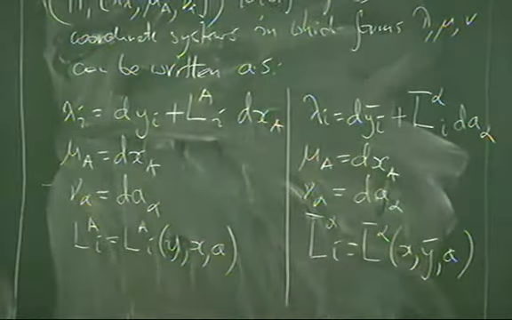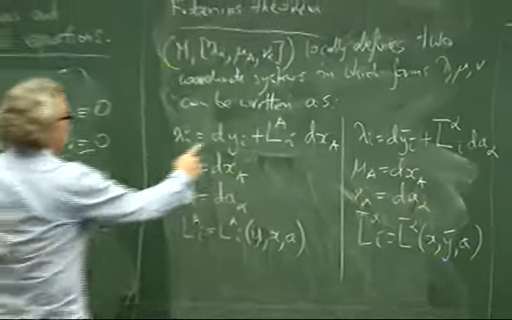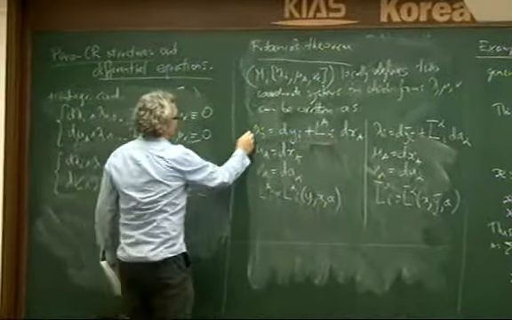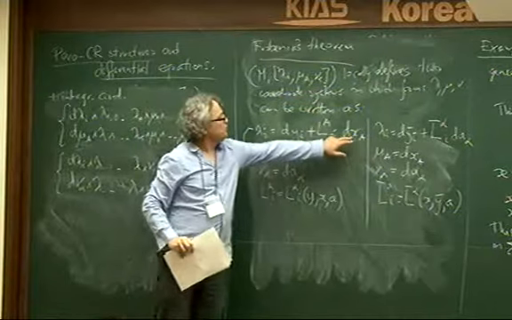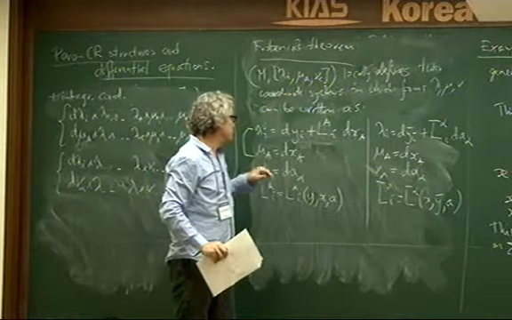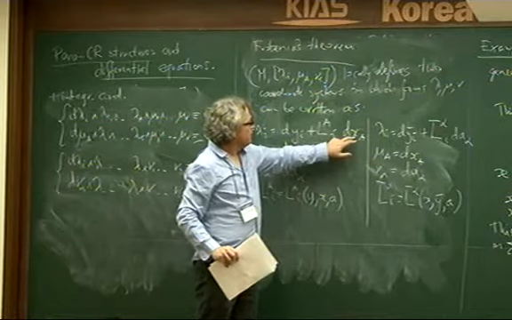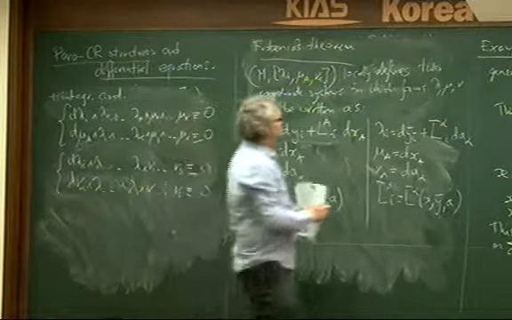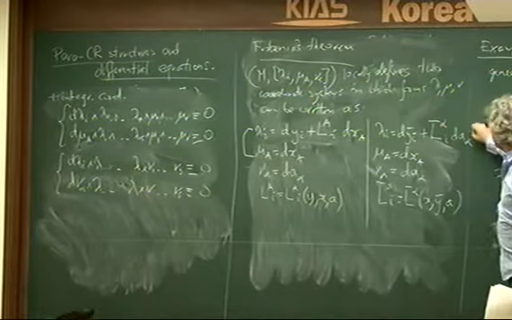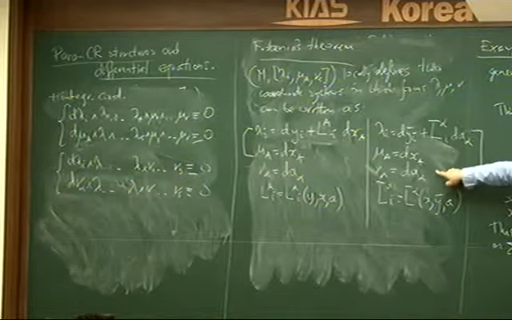So this immediate application of the Frobenius theorem, the first two equations gives me y and x. So the first equation tells me about these two collections of functions x and y, such that lambda is like this, mu is like that. The other part tells me that there is connection of these y bars and a's, such that lambda is like this and mu is like that.